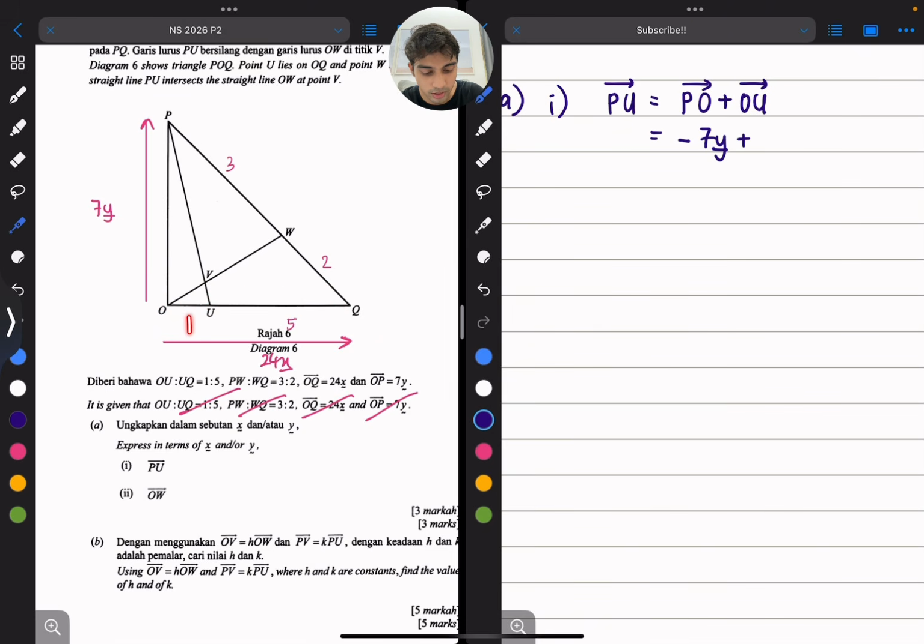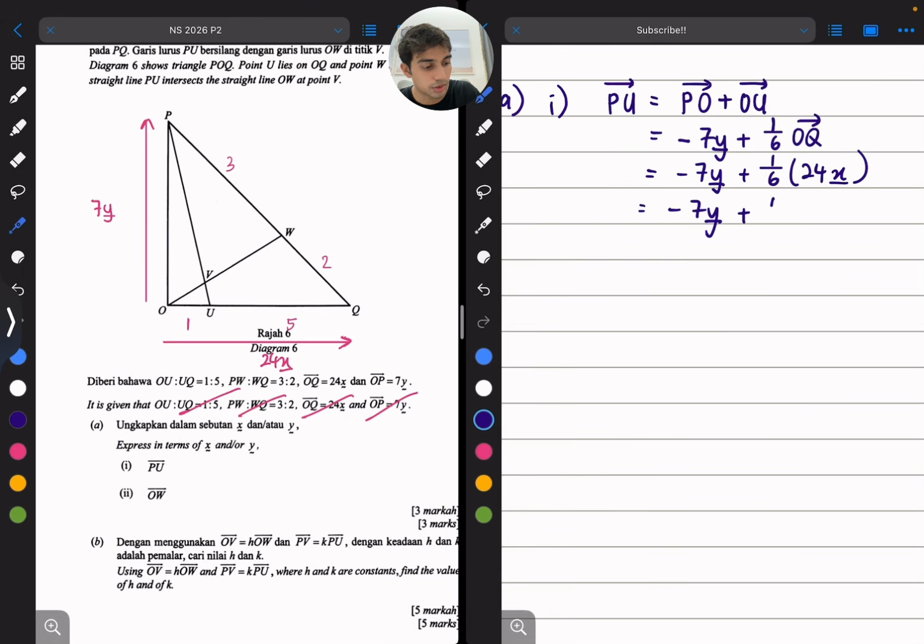So it's 1 out of 6 of the whole vector. So we can say it's 1 out of 6 of OQ. And OQ is 24x. So 1 over 6 times 24 is 4x. So we rearrange this, 4x minus 7y. Done.